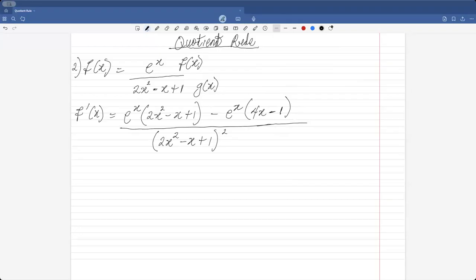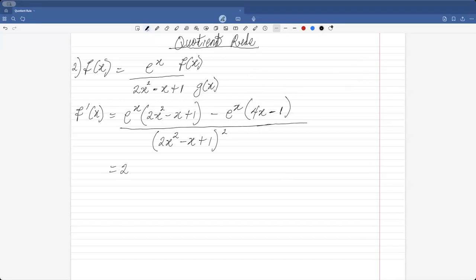So we can move further by opening the parenthesis, of which we can say e to the power of x multiplied by 2x to the power of 2.